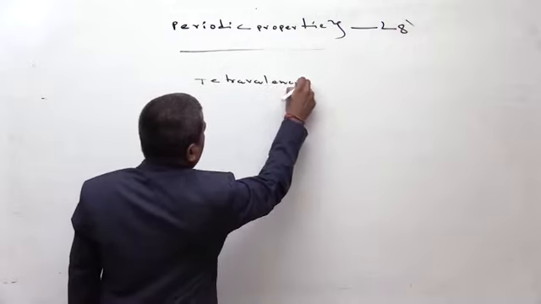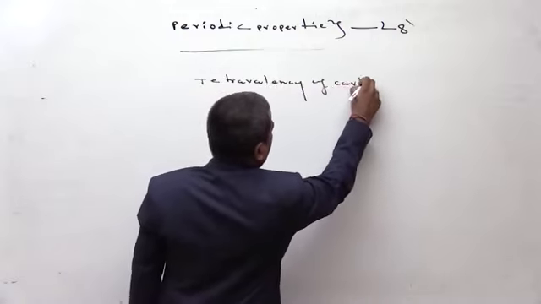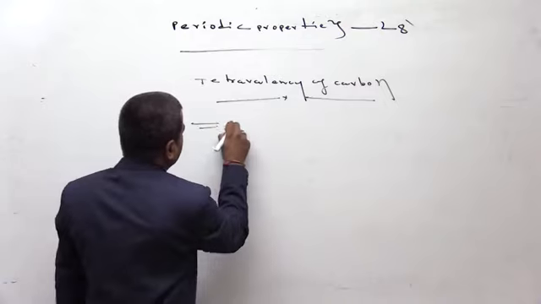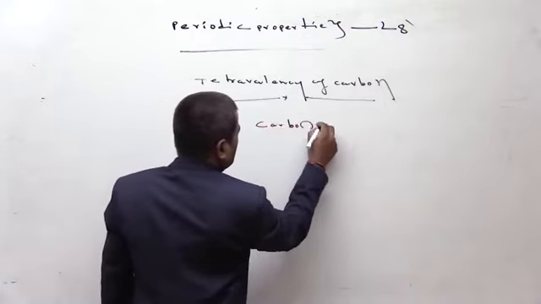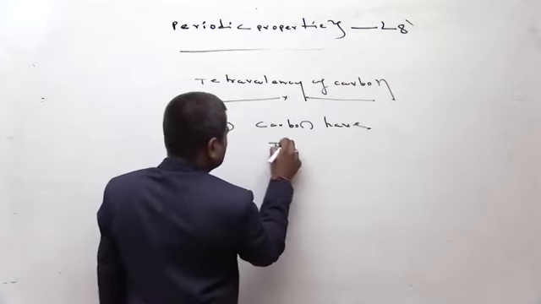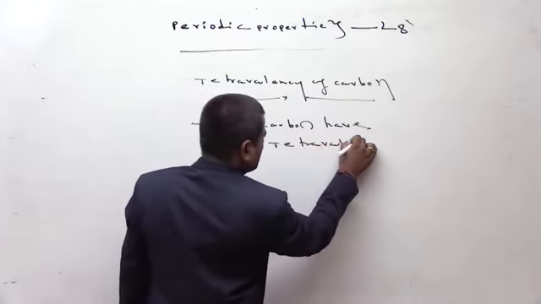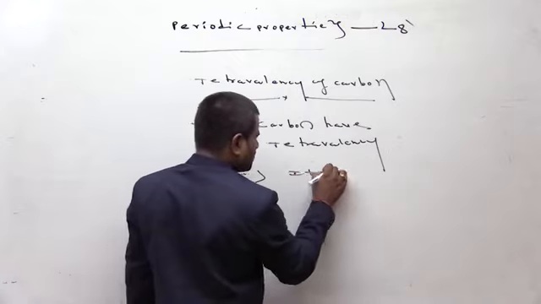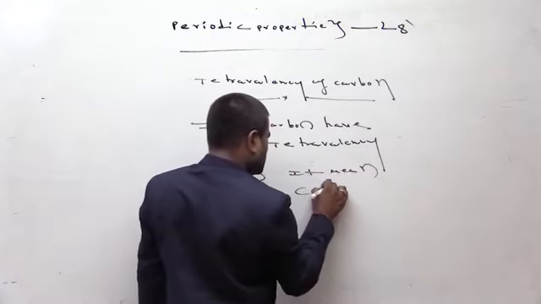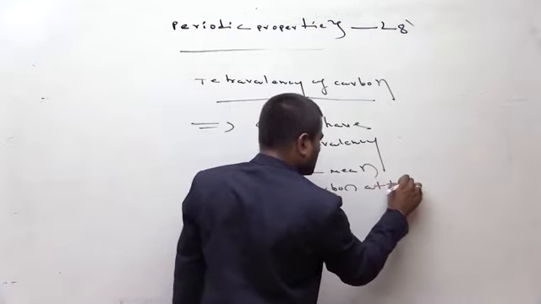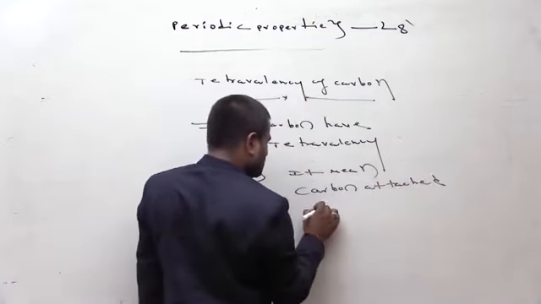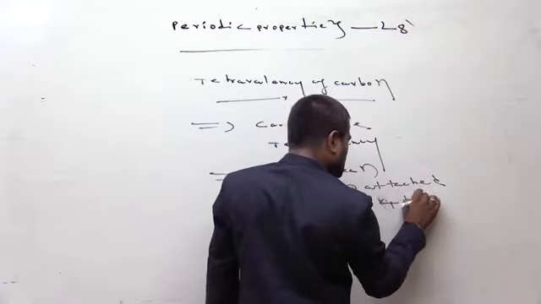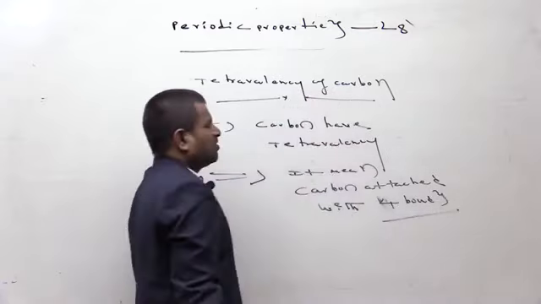Carbon has tetravalency, meaning carbon is attached to 4 bonds, either single bond, double bond or triple bond, but 4 bonds.